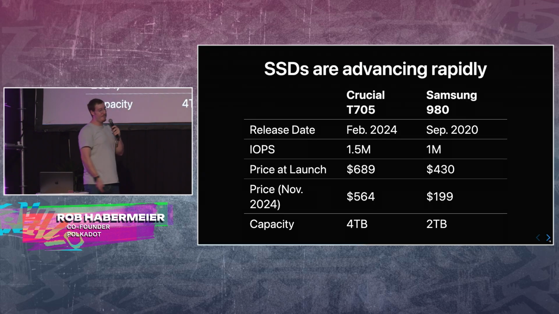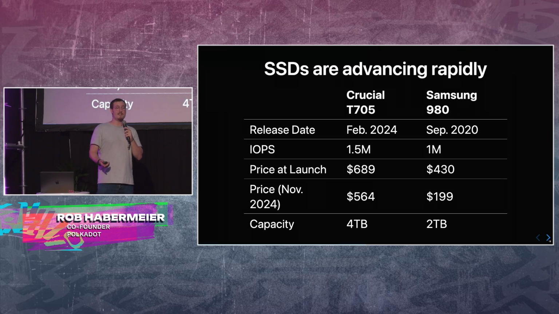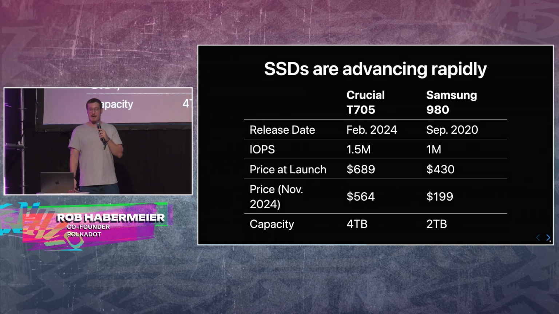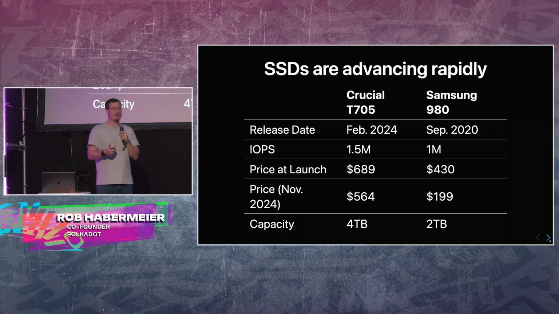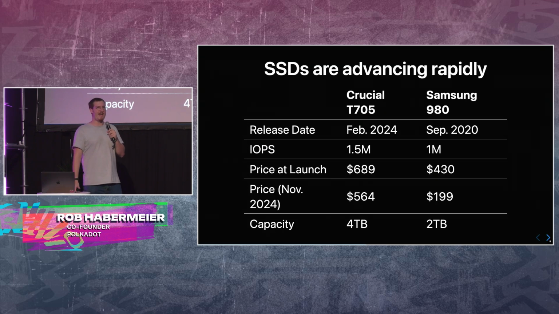Here's a comparison between a top-of-the-line SSD from February 2024 versus a top-of-the-line SSD from September 2020. So in 4 years, we've gotten 500 thousand more IOPS, so a 50% increase in IOPS. The price at launch is comparable. It's expensive, but it's really not breaking the bank for a serious production system.